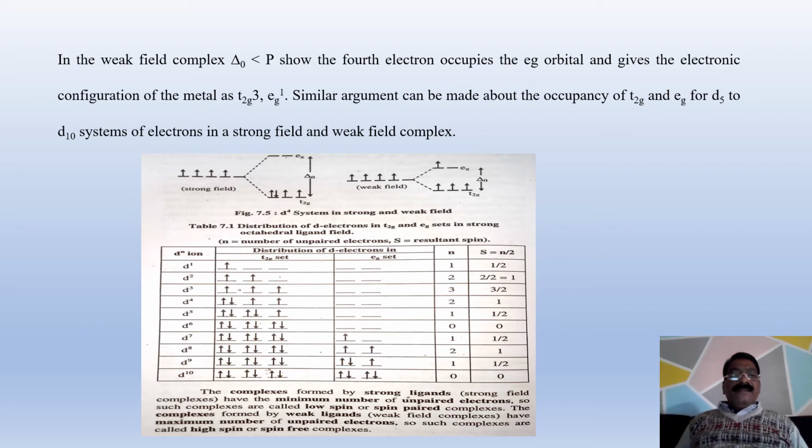Then d9, the next electron will be paired in the eg orbitals, and the eg orbital has only one unpaired electron. And in the d10 system, all 5 orbitals have paired electrons. There is no unpaired electron. Here there is the number n of unpaired electrons and their spin, that is S is equal to n by 2. It is also given in the table.